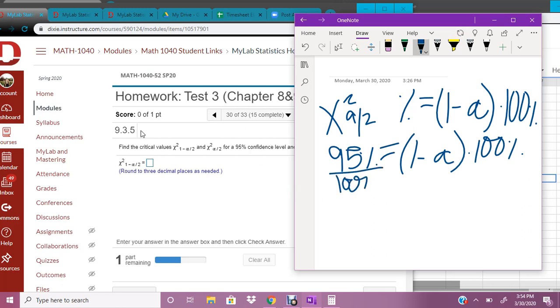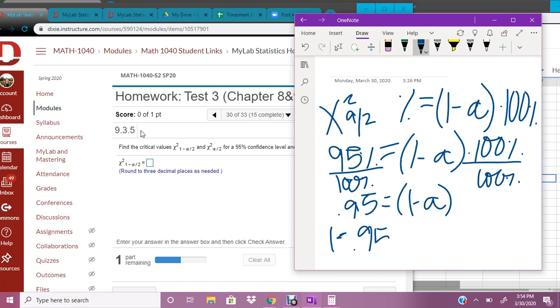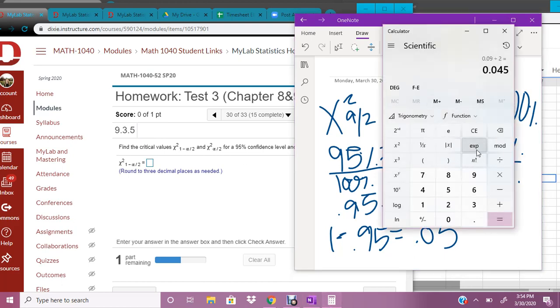Divide by 100, 0.95 equals 1 minus alpha, and then that's the same thing as 1 minus 0.95, then equals 0.05, and then we have to divide 0.05 by 2. And then that's the number we're going to plug into our calculator.